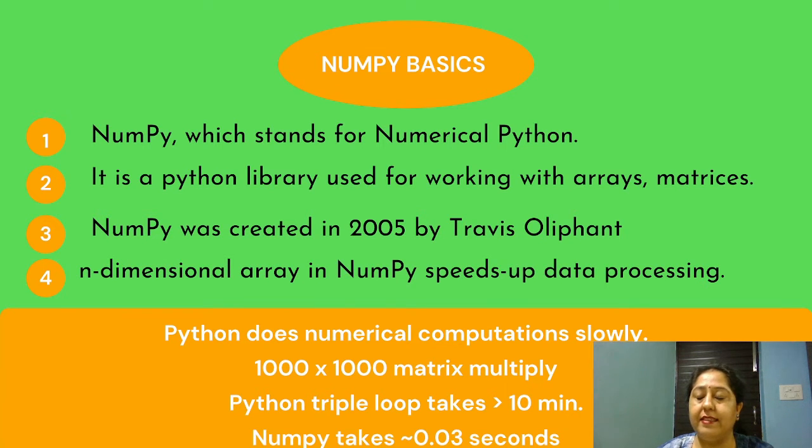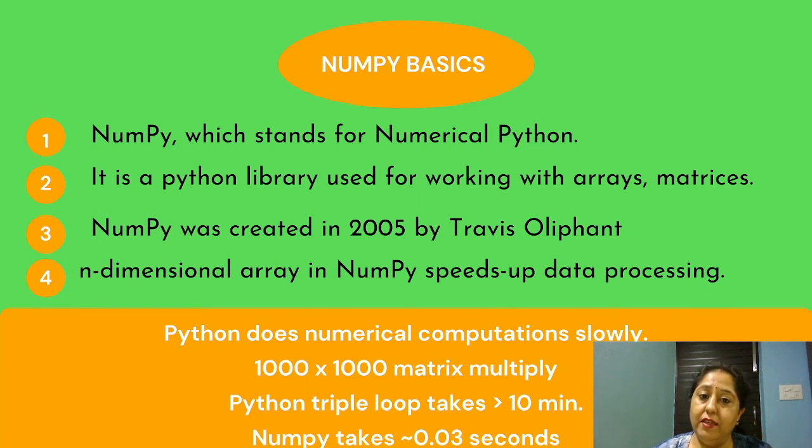Let us understand this with an example. Python does the numerical computation slowly. Let us see that we need to say multiply two matrices and it is 1000 cross 1000. Then the multiplication would require 3 loops and Python would take more than 10 minutes to finish this multiplication.